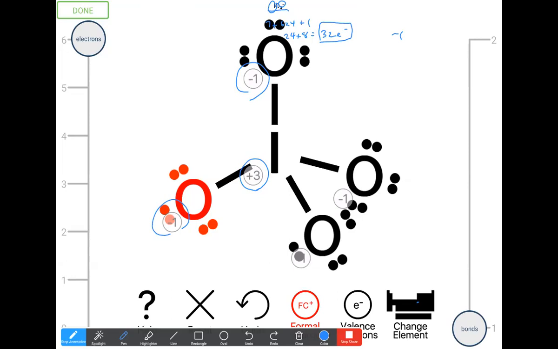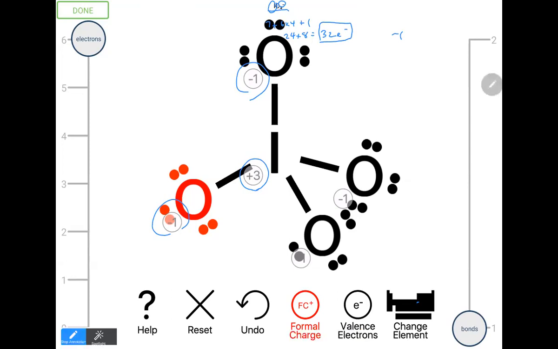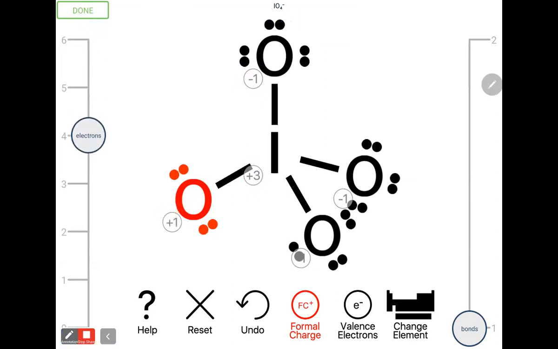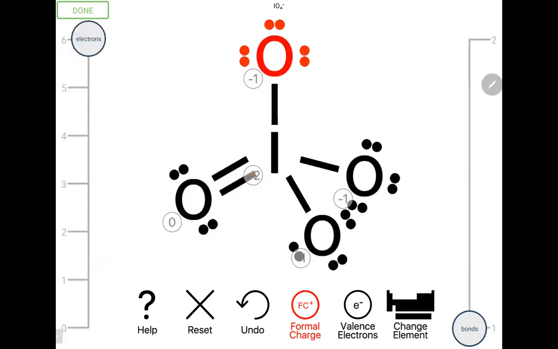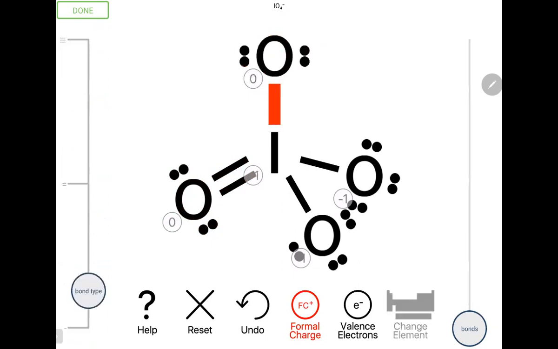So remember, oxygens, we've seen these patterns where oxygens like 2 bonds, 2 bonds, 2 bonds. So we're going to do as many double bonds as we can. So if we take away some of these and instead make it a double bond, so now we got some zeros. We got a +1. So let's do one more.